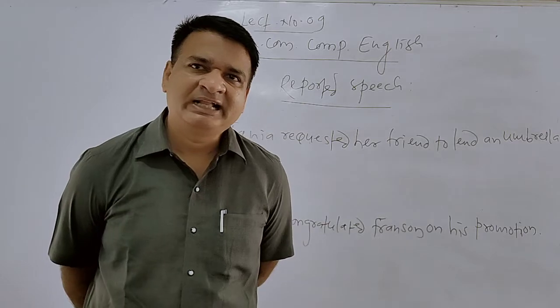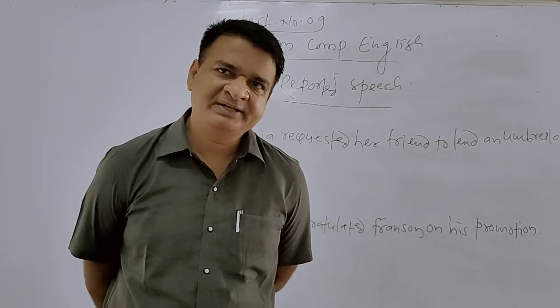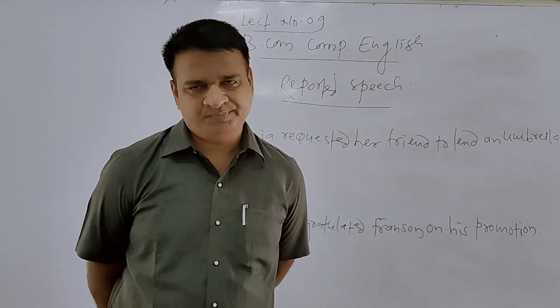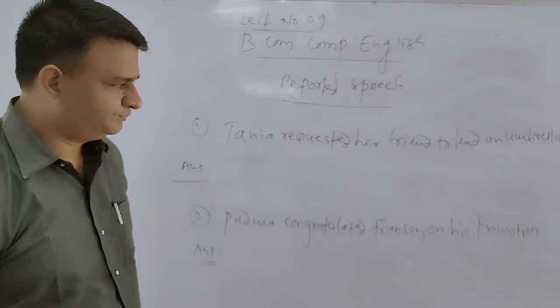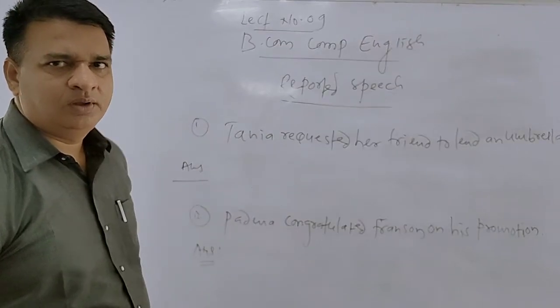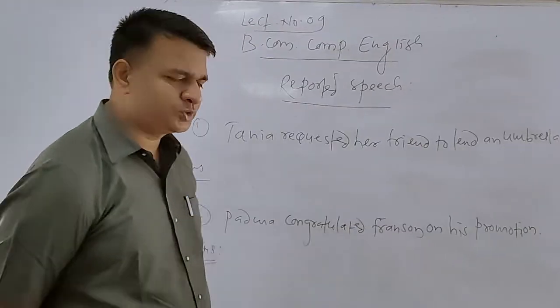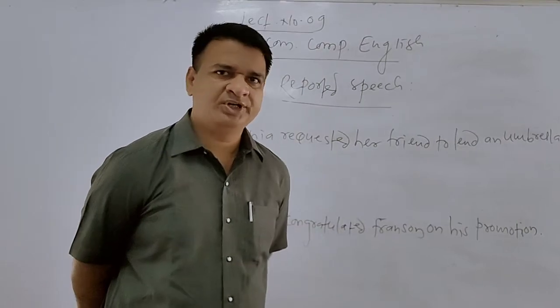Then you will get the cross idea of direct to indirect and indirect to direct speech. And after this section of reported speech, we will stop here with reported speech.